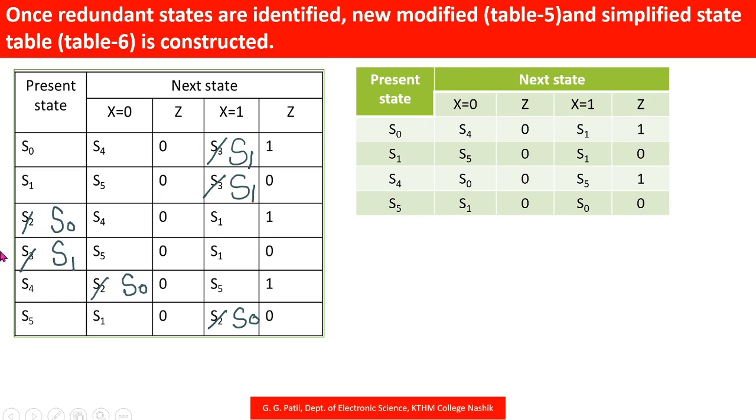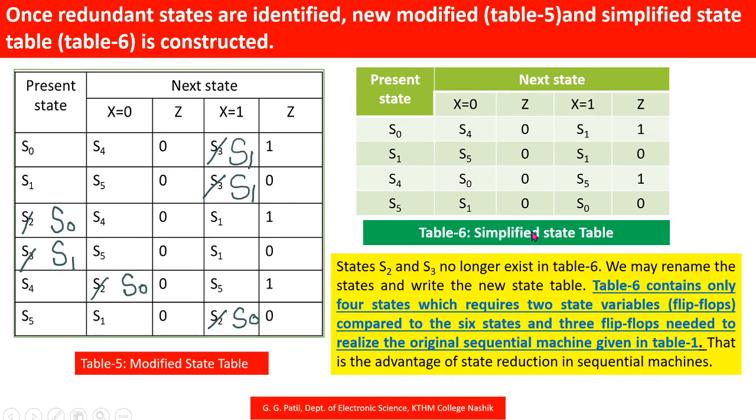So after finding the equivalent states using the equivalence class method, they are replaced with a single state, and a modified simplified state table is drawn or written here. In this way, the equivalent states can be found using the equivalent state method.